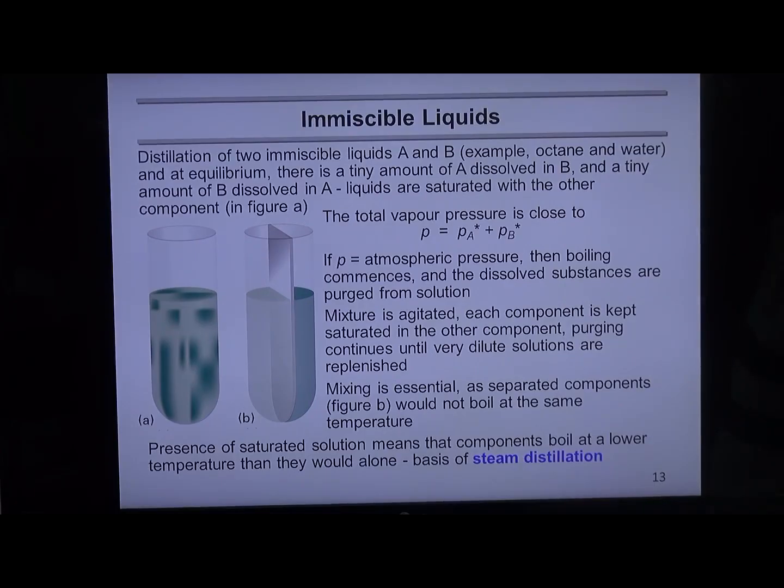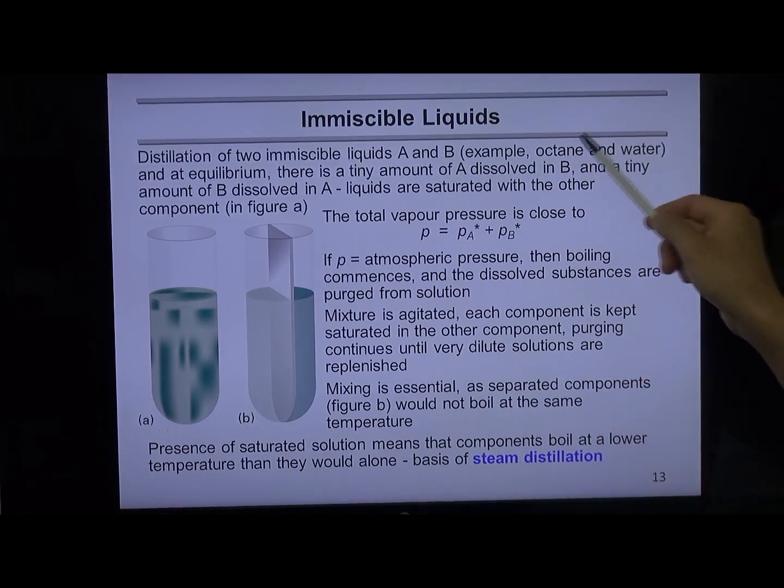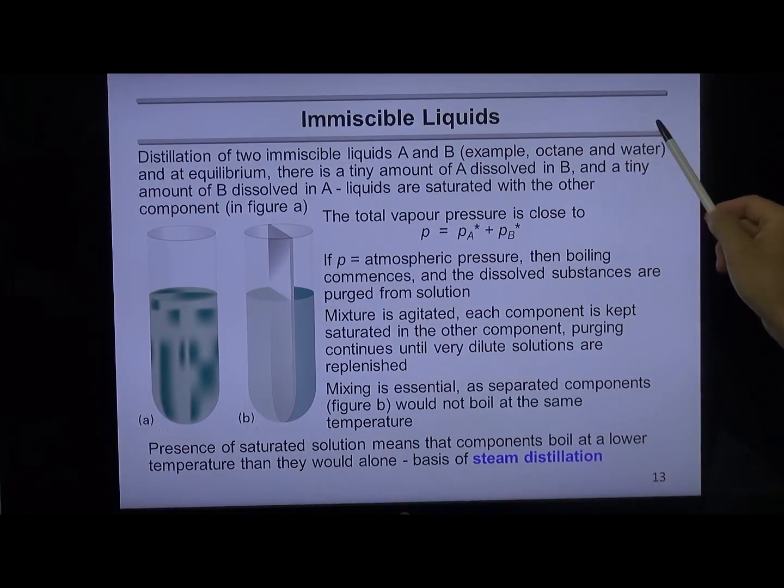If there is a certain organic compound which is not soluble in water, such as oil, and especially if that material is heat sensitive, so heating the sample might decompose it, then what you do is mix it with something it cannot dissolve, an immiscible liquid, and you heat it up. Then at relatively low temperature, it starts to boil.